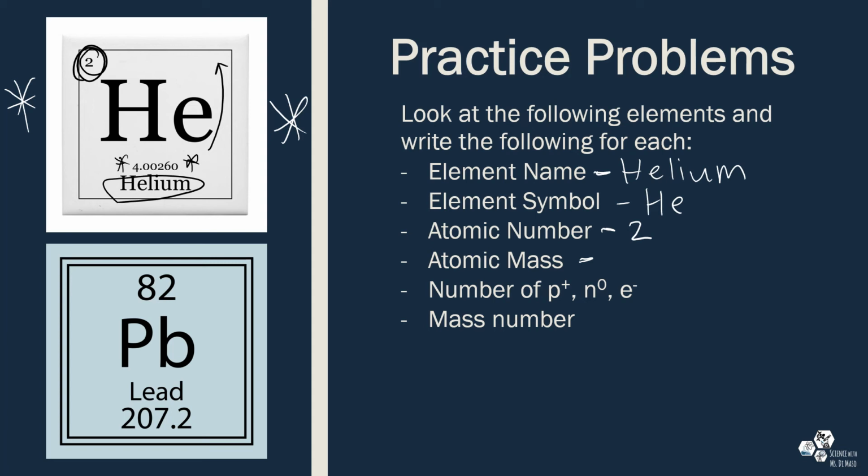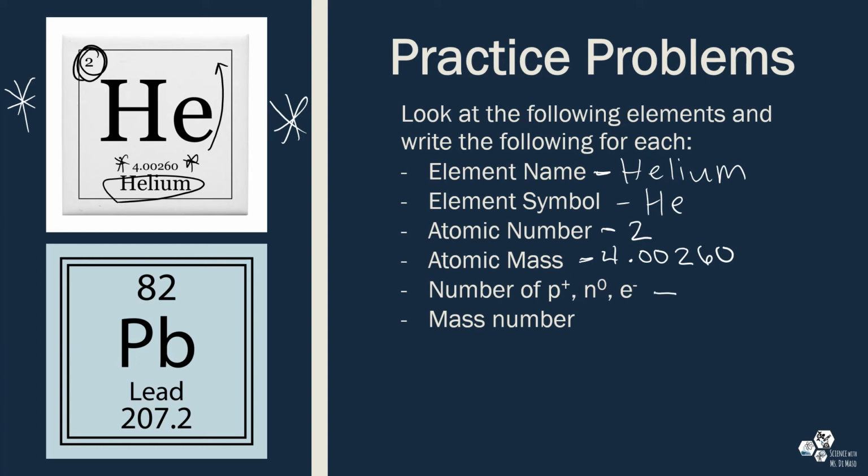So the atomic mass for helium is 4.00260. Remember, this one is the average of all the mass numbers of the isotopes. So let's do a little inferring here, some math problems to figure out the rest. What's the number of protons in helium?